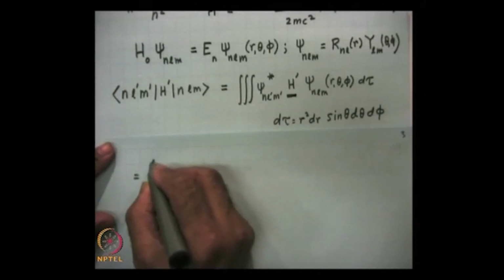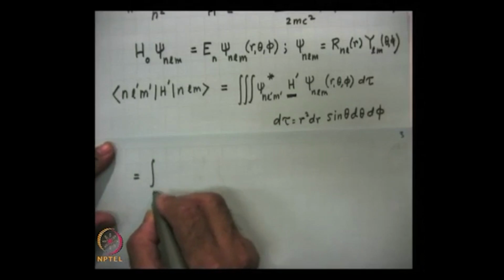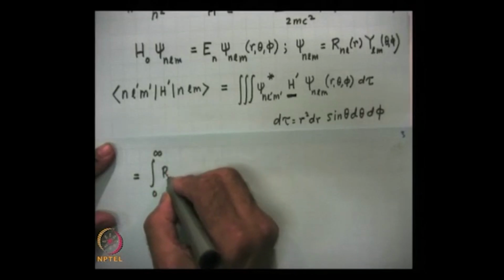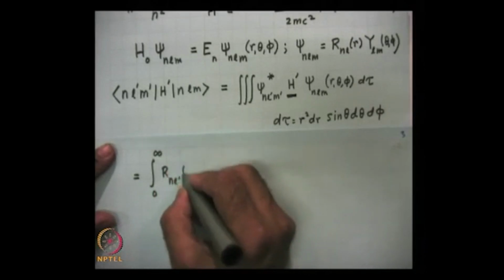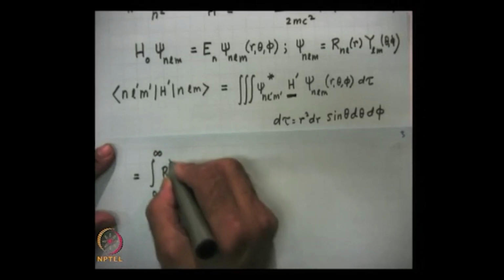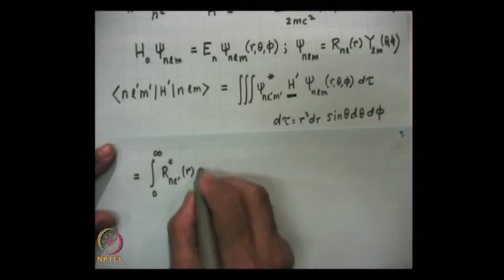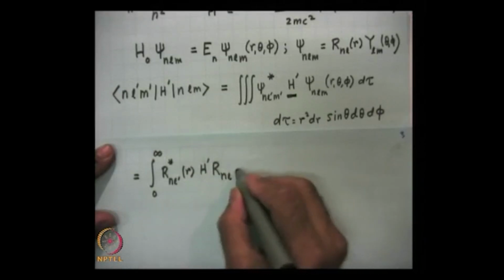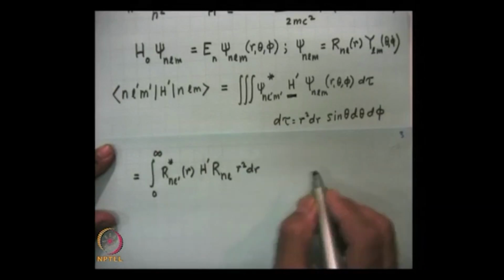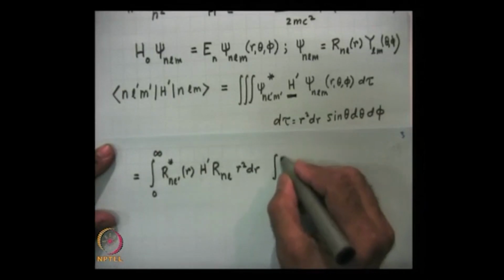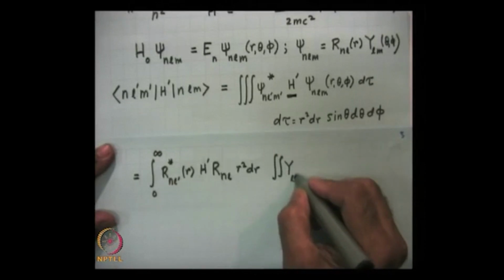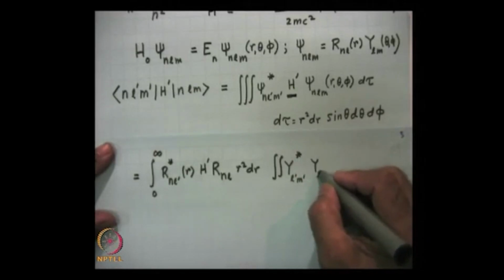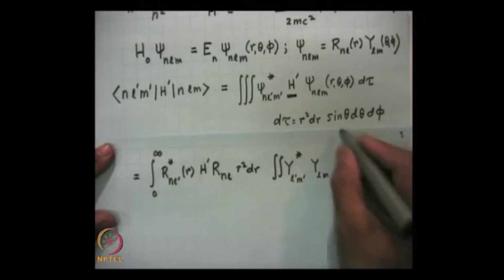The first integral will be from 0 to infinity, R n L prime of r star, but these are all real functions, H prime, R n L, r square dr, multiplied by the integral of Y L prime m prime star, Y L m, sin theta d theta d phi.